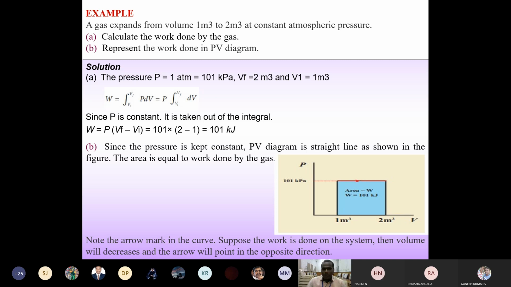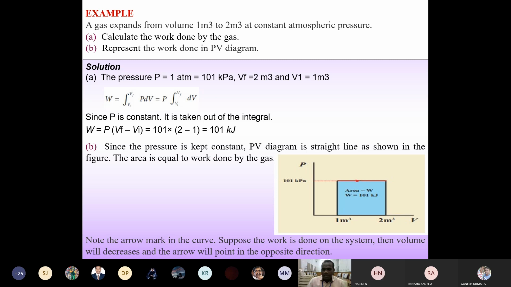Note the arrow mark in the PV diagram, here the process path. This is the initial state 1, and this is the final state 2, and this is the path. The red line is the path. This part is traveling in this direction, so we are increasing the volume in this direction.